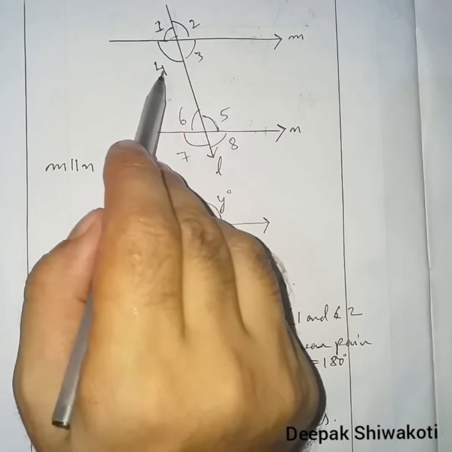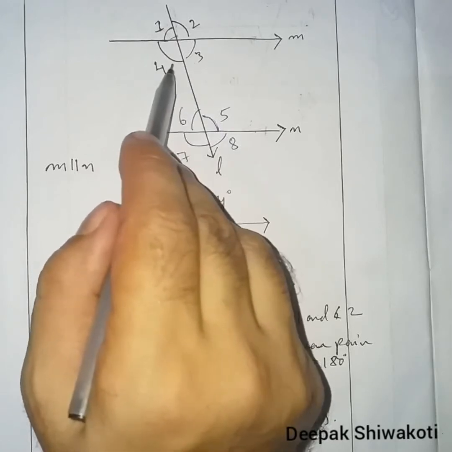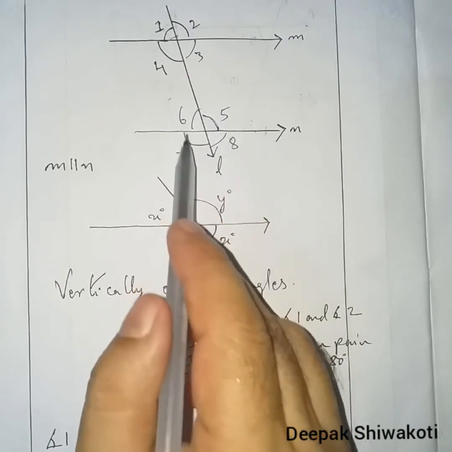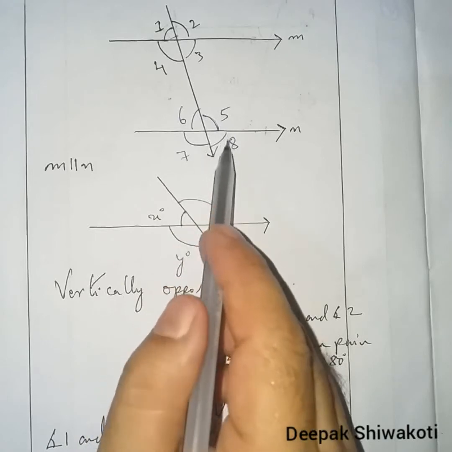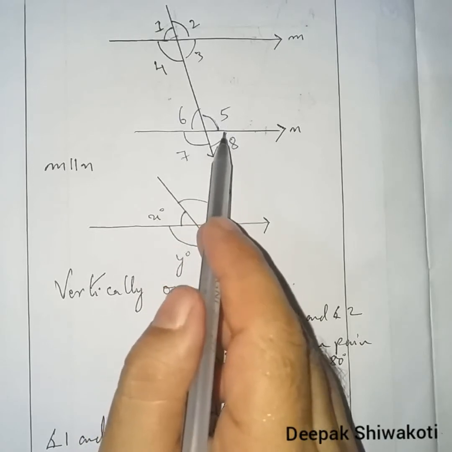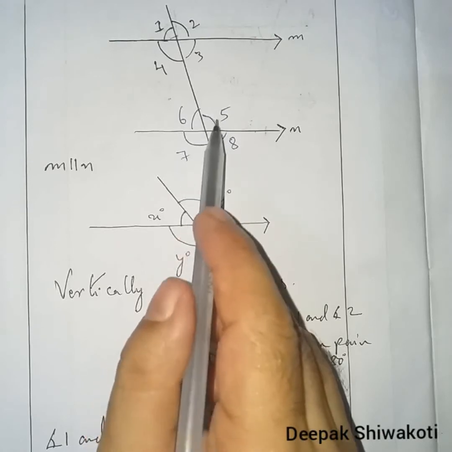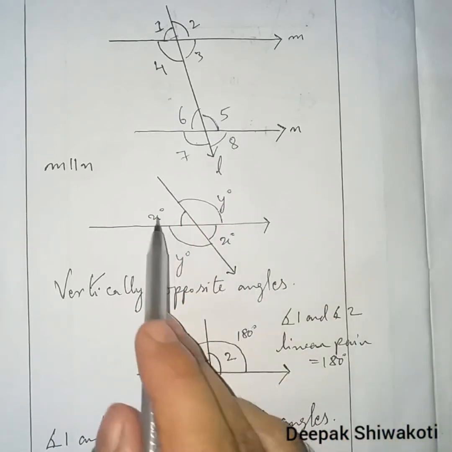Again, angle 4 and angle 3 are also adjacent angles. Similarly here also 6 and 5 are adjacent, 6 and 7 adjacent, 7 and 8 adjacent, 5 and 8 adjacent to each other, but 5 and 7 are not adjacent to each other. Okay, they are vertically opposite. 6 and 8 are also vertically opposite like this.